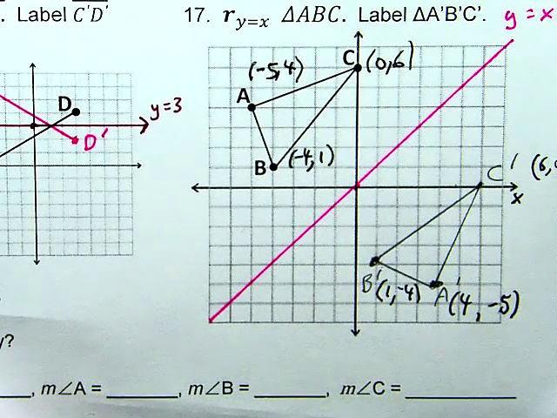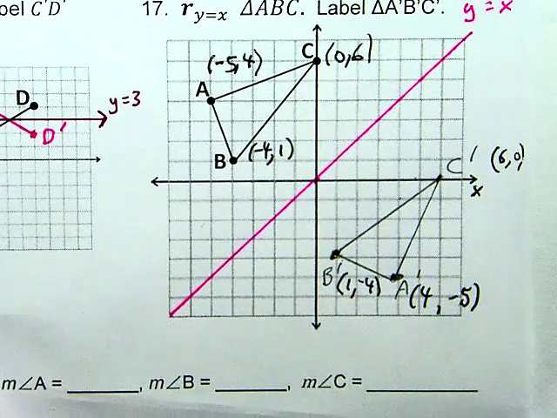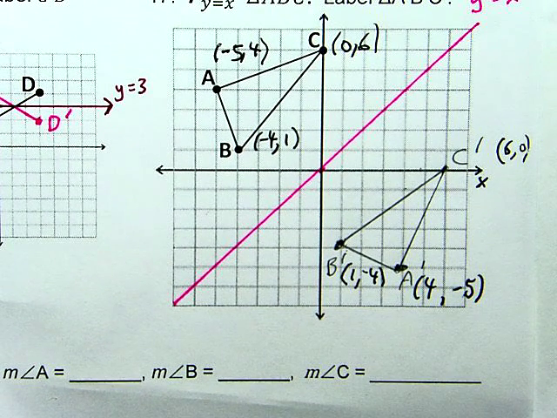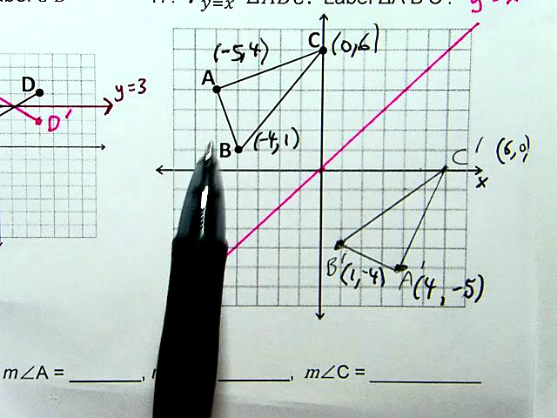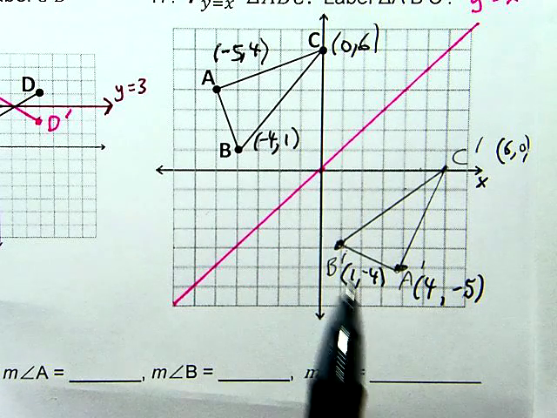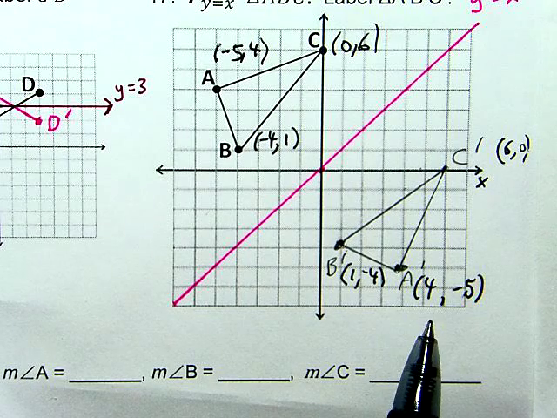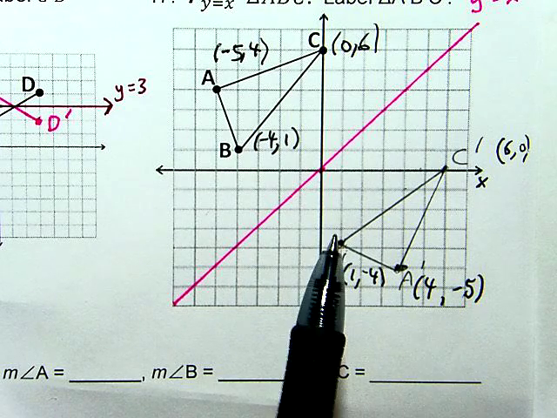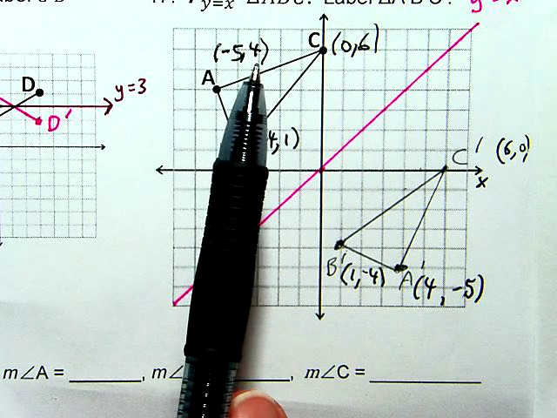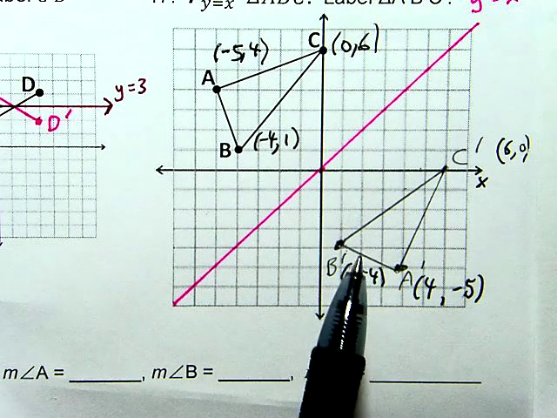So let's take a look at what happened to the coordinate values when we reflected points over the line y equals x. A started out by being negative 5, 4, but ended up being 4, negative 5. So the positions of the x and the y switched. The y value here, which was 4, became the x value here.